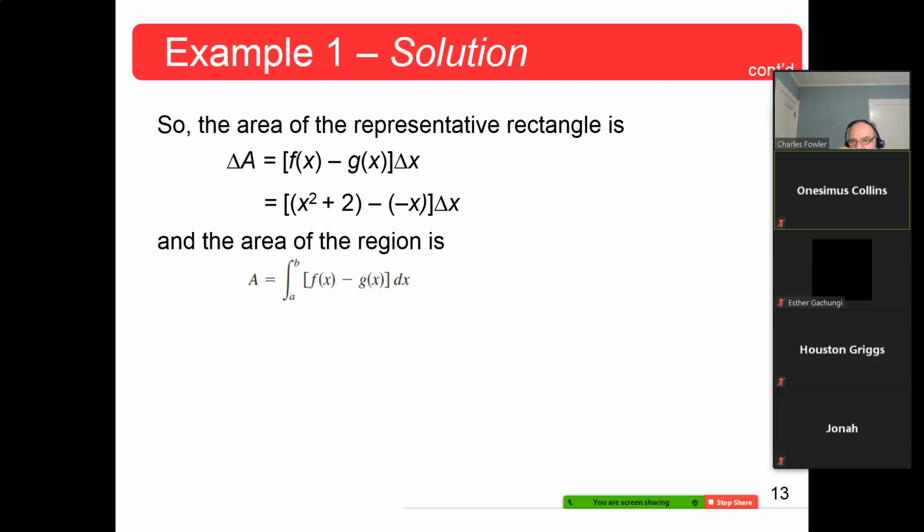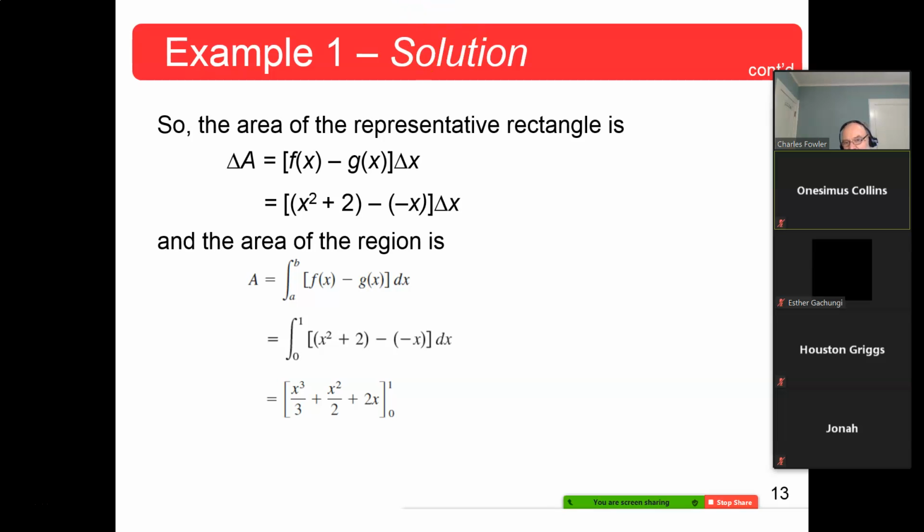And that would give you this area, the integral from a to b, from 0 to 1, of x squared plus 2 minus a minus x, which is plus x. They do all that at the top and then go back and reinvent the wheel down here. Yep, there you have it, 0 to 1 of x squared plus 2 minus a minus x, which is plus x, dx.